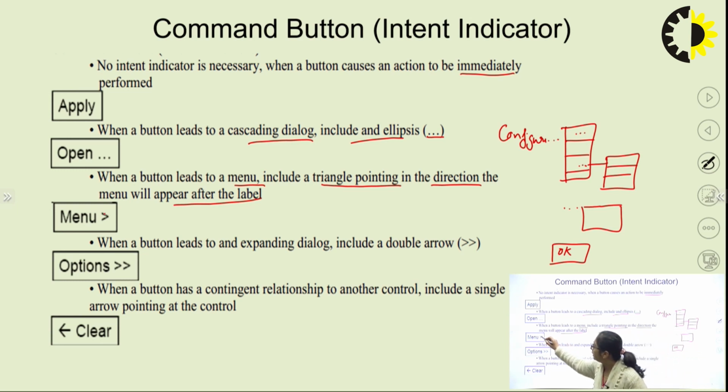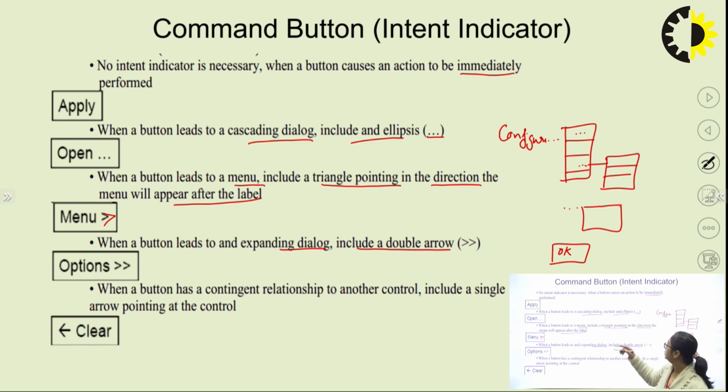This triangular pointer means that there is more than one menu. More than one control contains this menu. And this double triangular arrow means a button leads to an expanding dialog, including a double arrow. Okay, the menu will be expanding.